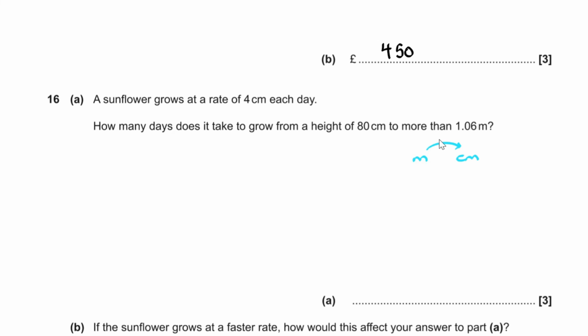To go from meters to centimeters, we times by 100, centimeters to meters, we divide by 100. And therefore, what you can see here is 1.06 times by 100, that's 106. So we have 106 centimeters. The reason I wanted to convert it to centimeters is that the growth rate is in centimeters, and the original height is also in centimeters. It makes sense for us to make the units consistent.